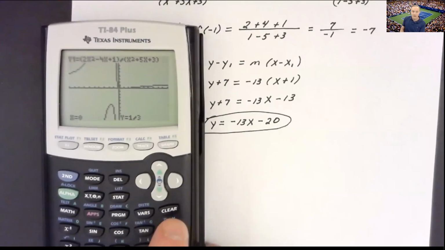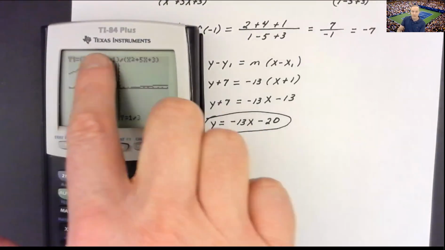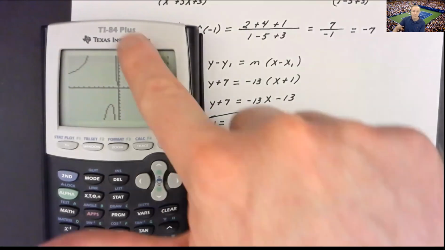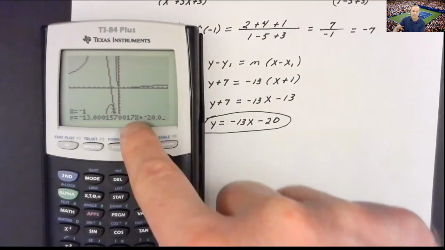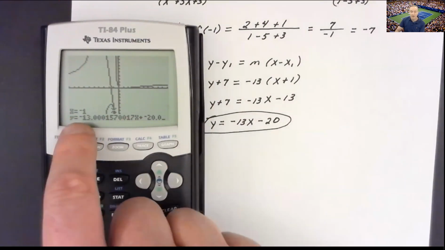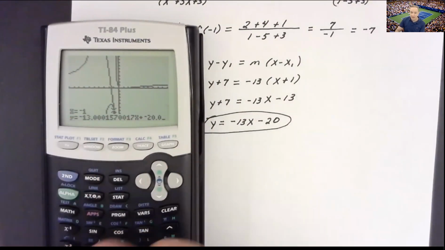And when I do, it's saying, okay, you want to draw a tangent line to this curve. Where do you want the tangent line? And you just hit -1 and then hit enter. It's going to draw the tangent line in here when x is -1. And now the calculator is having a slight round off error.